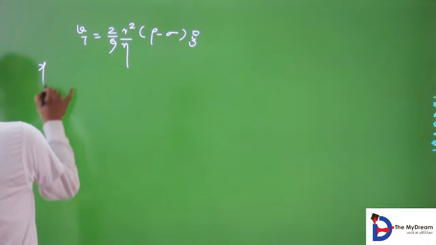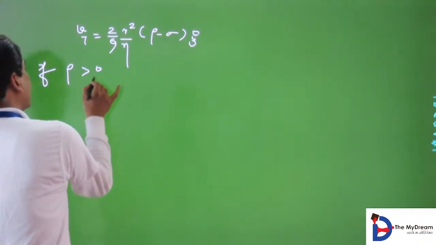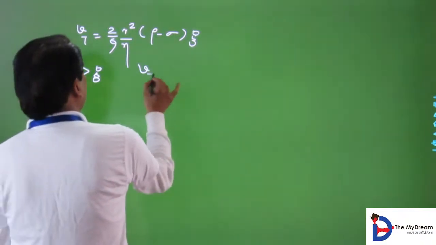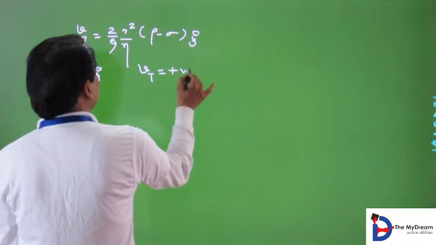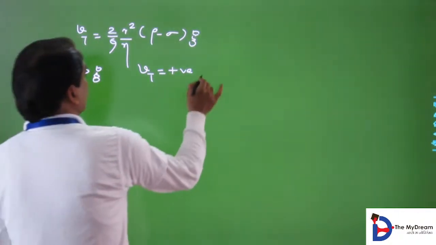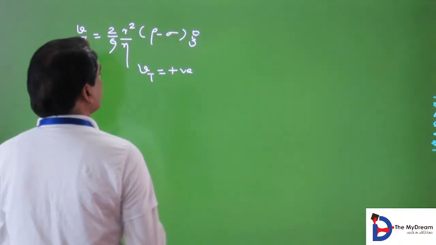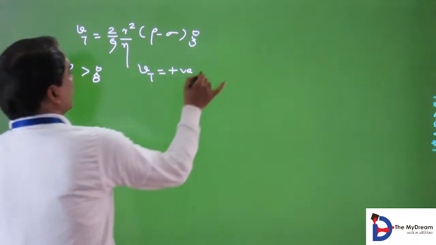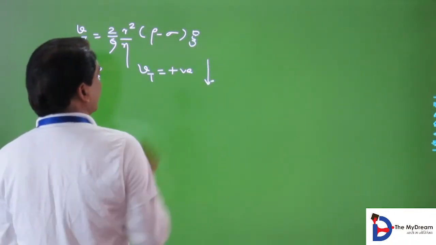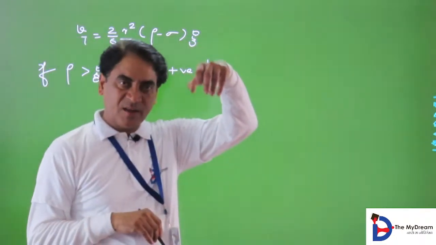If rho is greater than sigma, then Vt is positive. It means the object goes towards the center of Earth, or the object is falling.